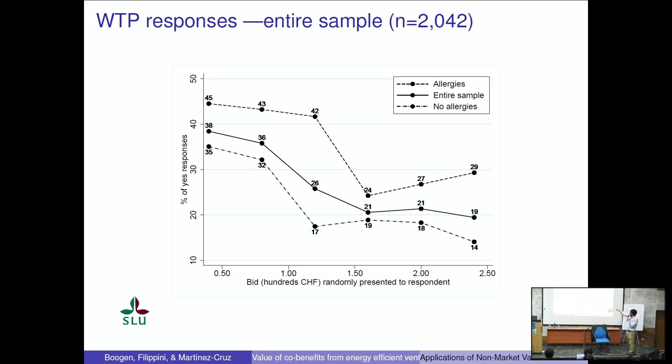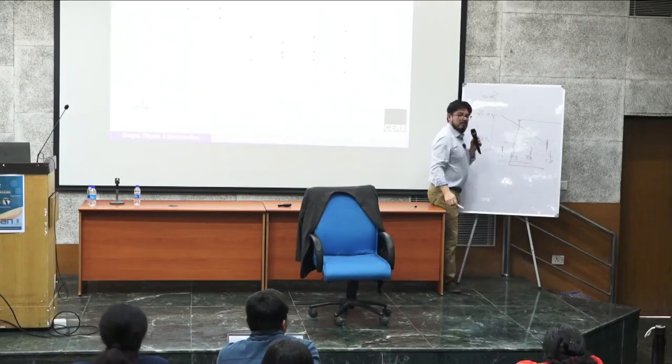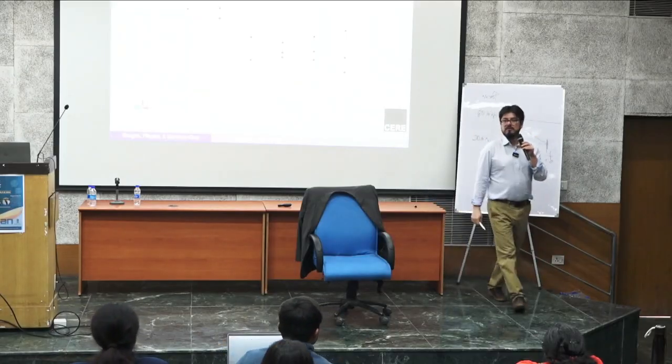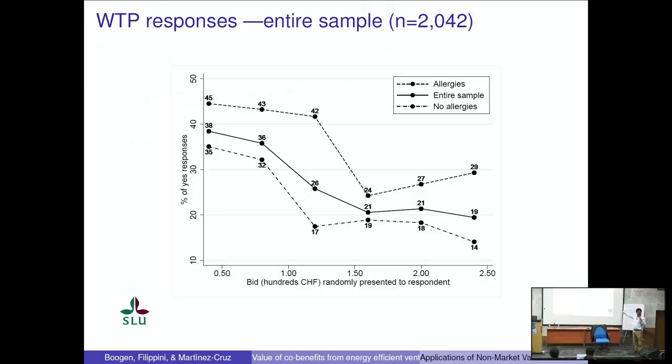My demand curve only starts in 40. So I only observe half of the demand curve. So I could have had 5 bids instead of 6 or 4, and I needed one at the very top, at the very left, to actually capture a good monotonically decreasing demand curve.